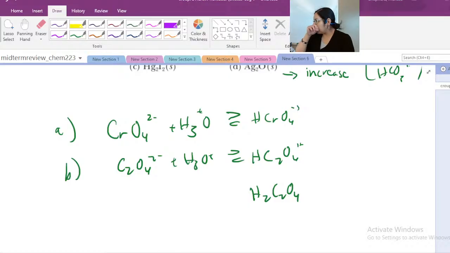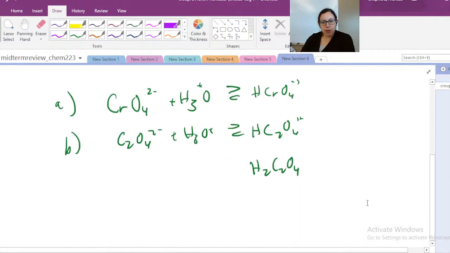Not readily available, but I can print it out. All right, so let's try another one. Before we move on from this, other things to think about for solubility would be the common ion effect.